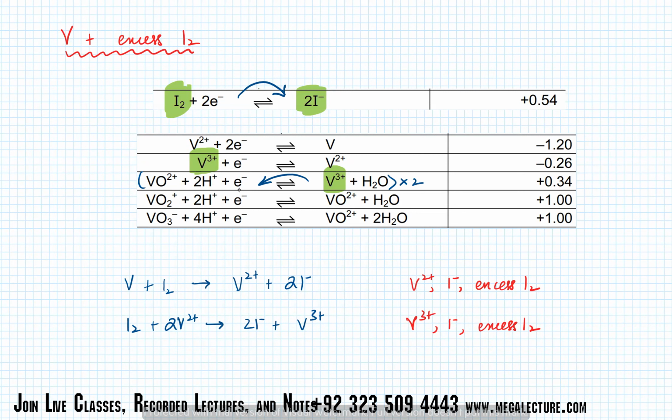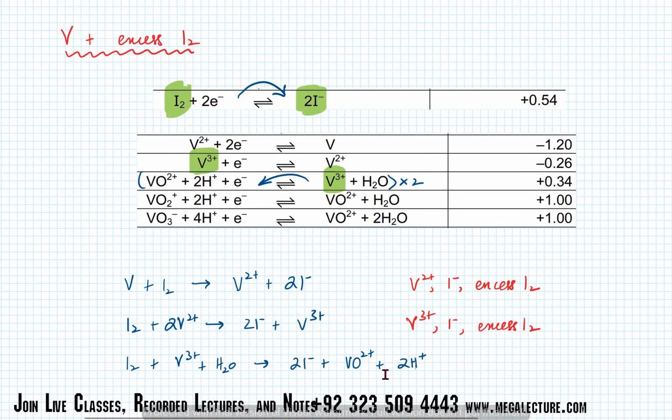So let's make the third reaction, which is ऊपर reactant I2 है. नीचे क्या? That's vanadium 3 plus plus H2O. Product के ऊपर that's 2 I minus 1, and the next one it's VO2 plus, plus 2H plus.